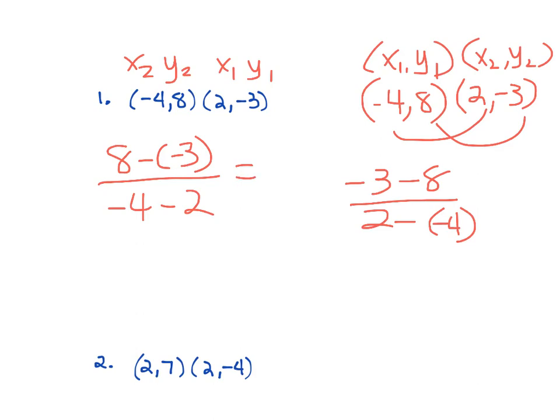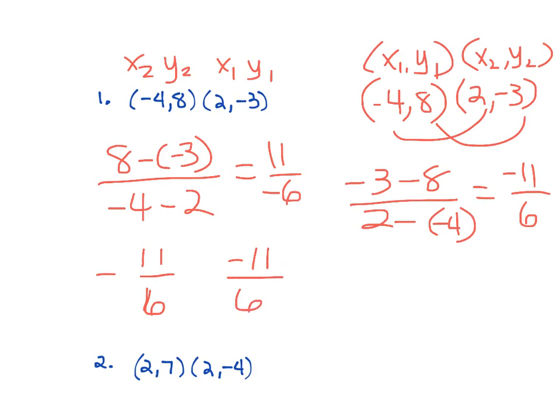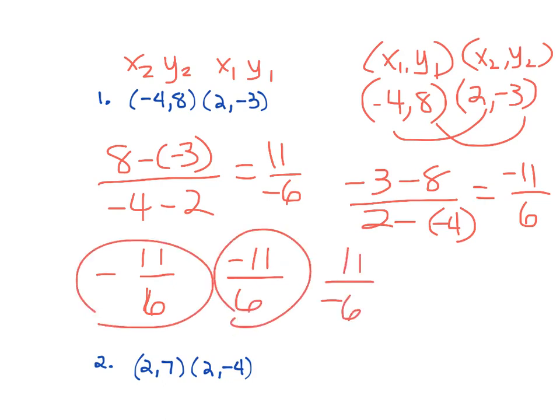So notice here I get 8 plus 3, which is 11, and then the denominator is a negative 6. But here, the negative's on the top and the positive's on the bottom. Either way, remember, it doesn't matter where your negative sign is, whether it's out front, if it's on the top in the 11, or if it's in the bottom on the 6. All three of these mean the same thing.